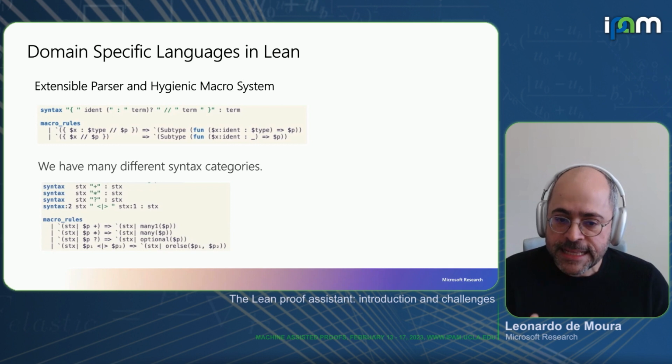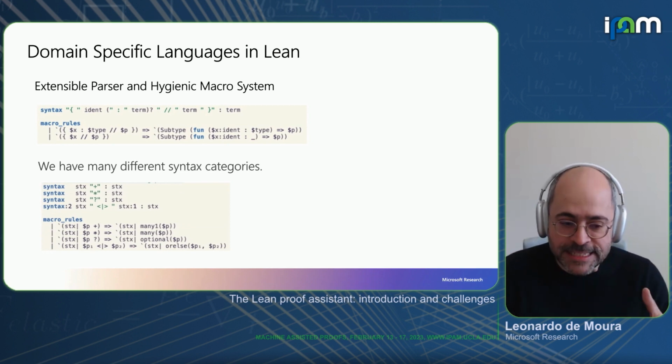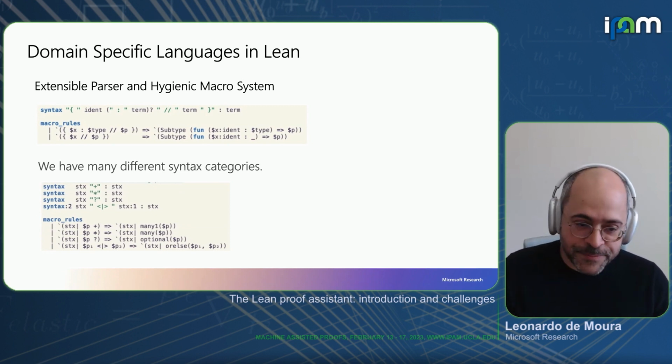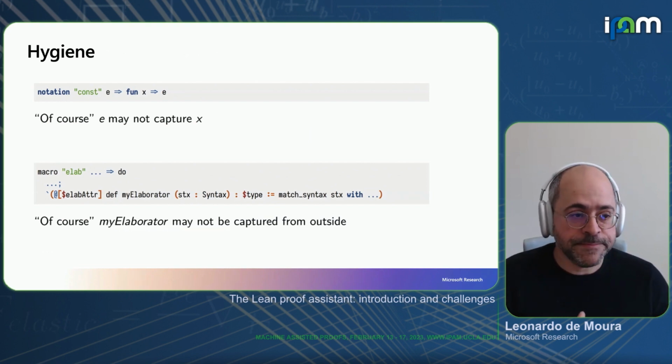Term is one of the syntax categories we have in Lean, but you can create your own. We have many different syntax categories. Even the syntax for defining syntax is defined using its own syntax category. And you can define your own categories if you want.